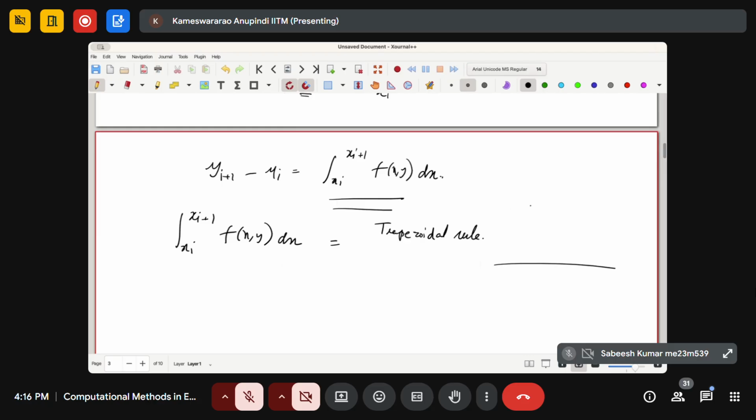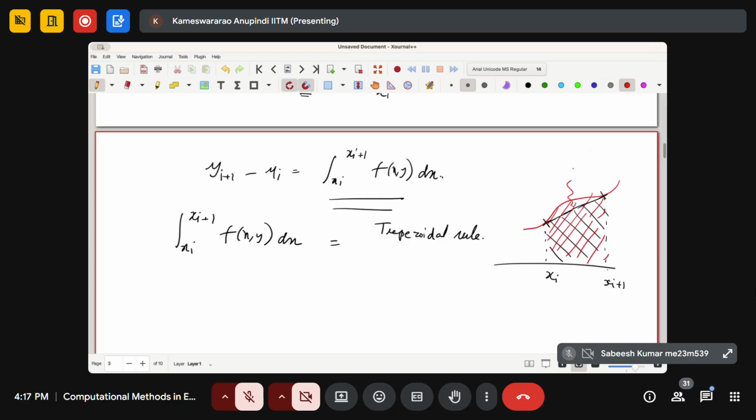The trapezoidal rule is, if you have, let us say, some function, and you know the value of this function at xi and at xi plus 1, then you draw a line, this one, and the area within that is approximated as the area under this curve, right? Essentially, we are of course making some error.